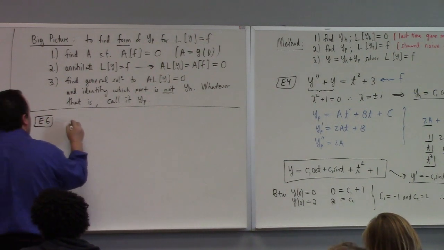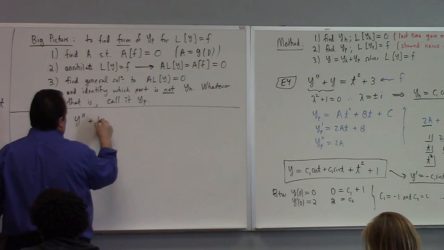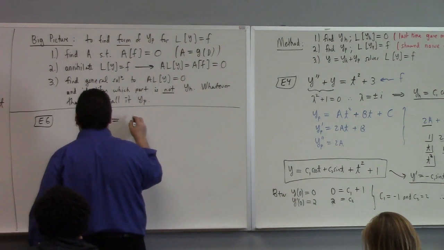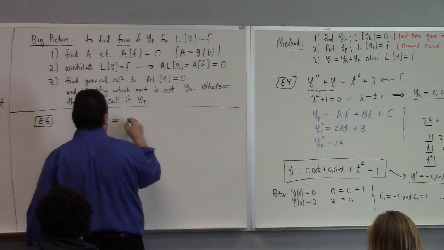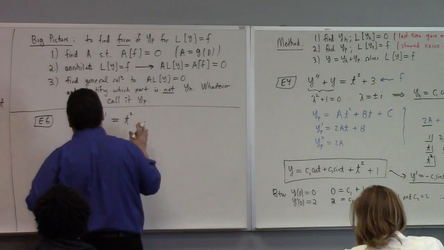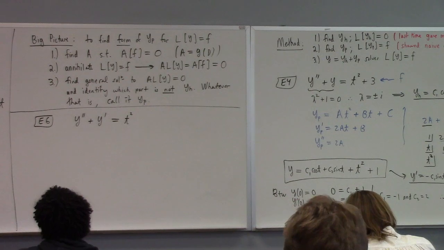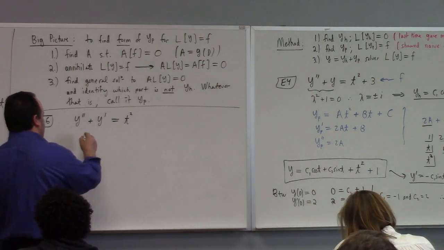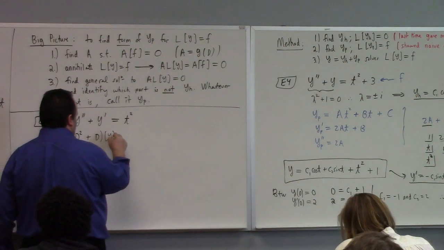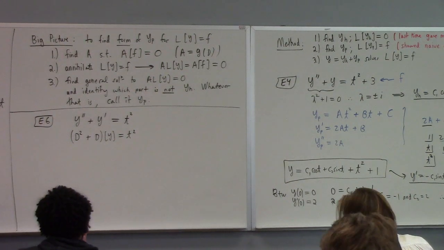Here we go. So suppose we have something like y double prime plus y prime equals, I don't know, t squared. That's probably good. Let's keep the example a little bit simpler this time. So first of all, I've got D squared plus D acting on y equals t squared. What should I make my annihilator this time?